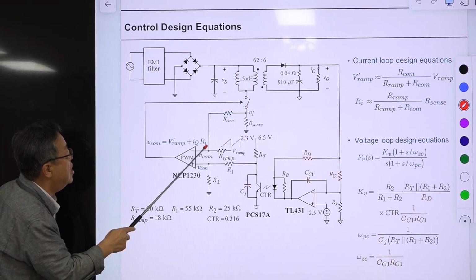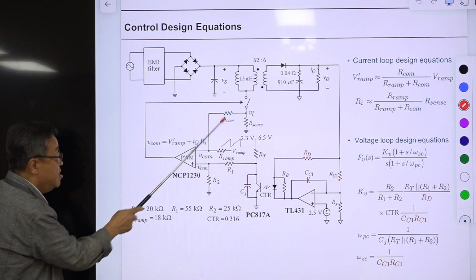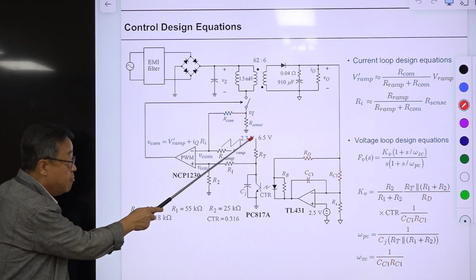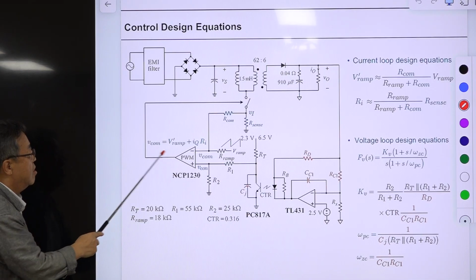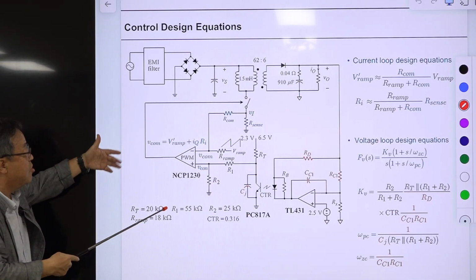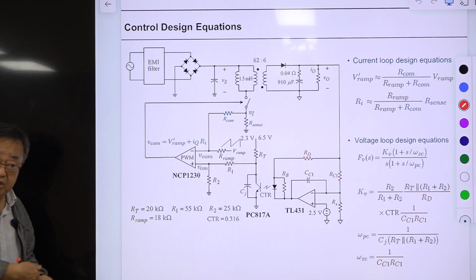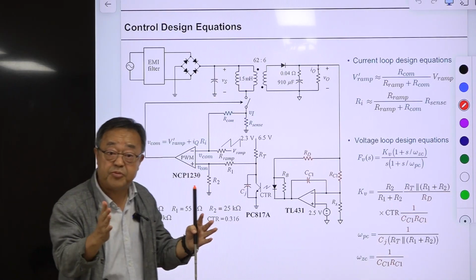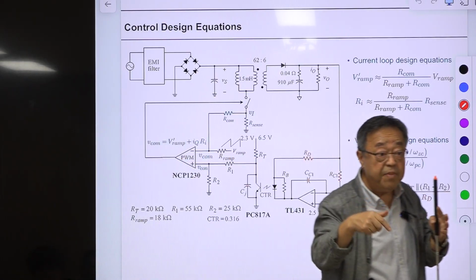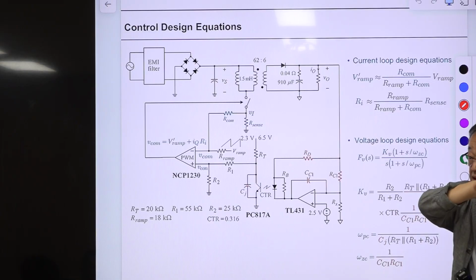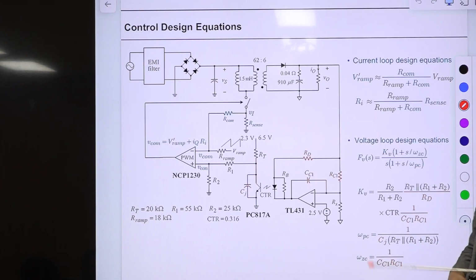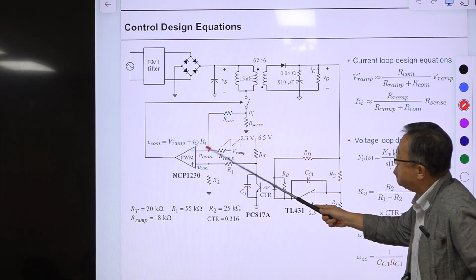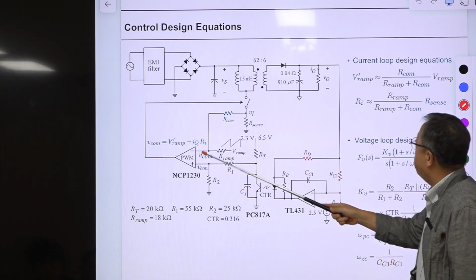This is the effective current sensing network, which is different from the conceptual diagram because of this structure. Later I'll show the simulation result. That waveform is different from our conceptual diagram, because the two signals are not completely separated. VI and the ramp signal are mixed here, so two mixed signals will appear here.